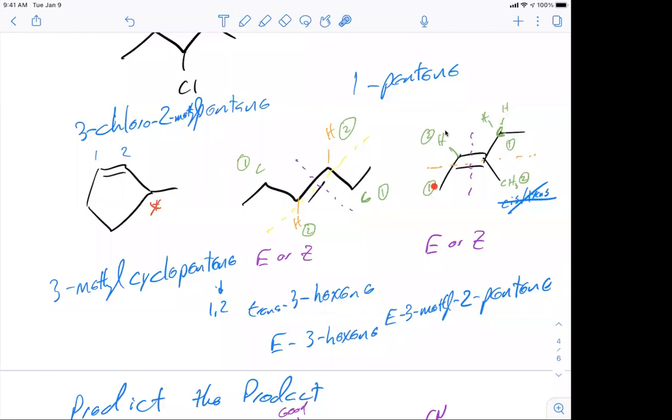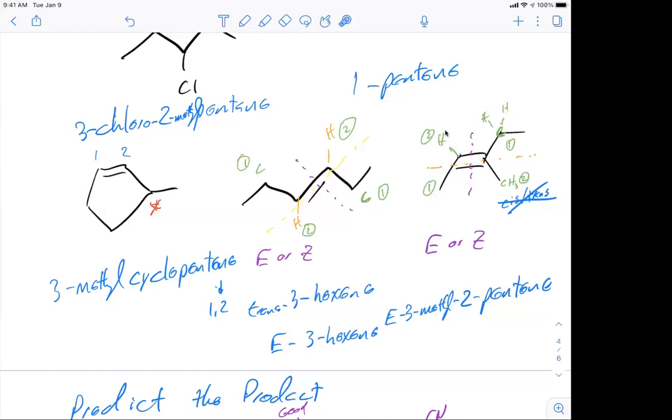And then here, we have a carbon and a hydrogen, so we see our 2 ones. Now, when we go along the plane, where are my 2 ones? Are they on the same side or opposite sides? Well, they're on opposite sides, and that gives me E. So think about Z as same side, if my ones had been on the same side.